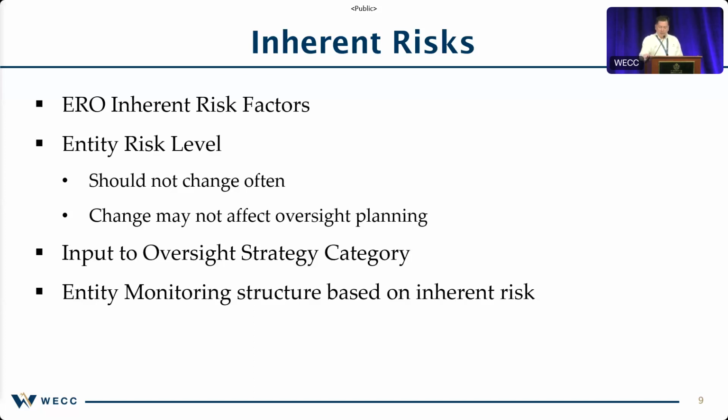The intent was to make sure we focus on similar risks for each entity, because not all entities have the same risks. So it was just a starting point for them.